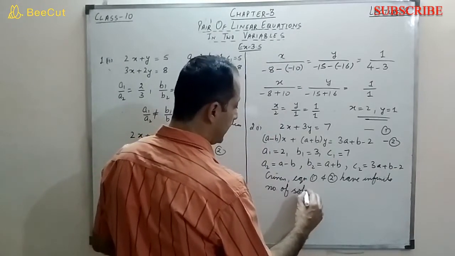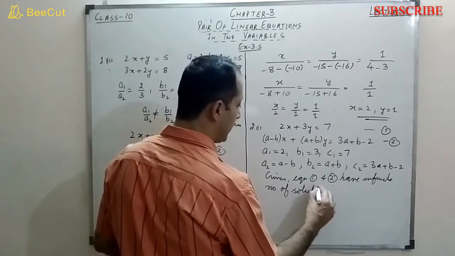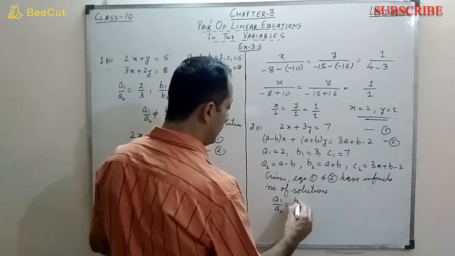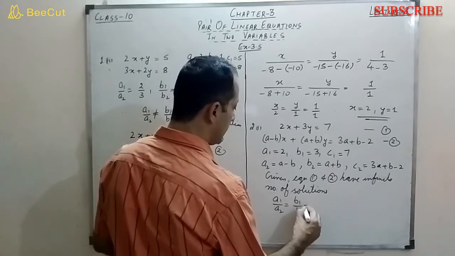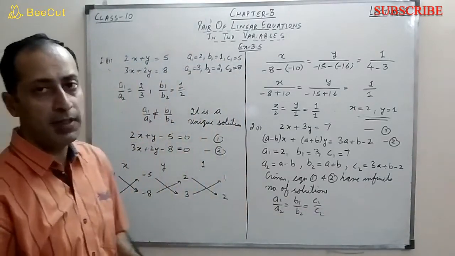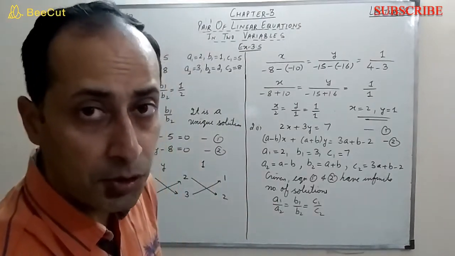So when we have infinite number of solutions, what is the condition we have? We have a1 upon a2 is equal to b1 upon b2 is equal to c1 by c2. So what we will do, we'll just substitute the values here and then we will form two equations.